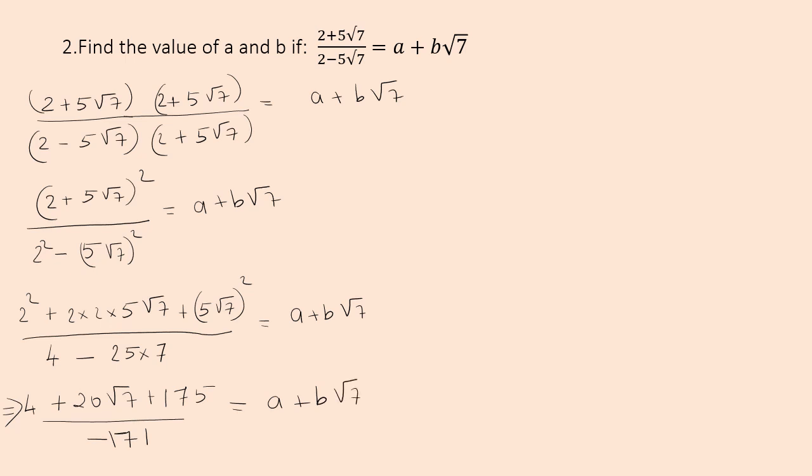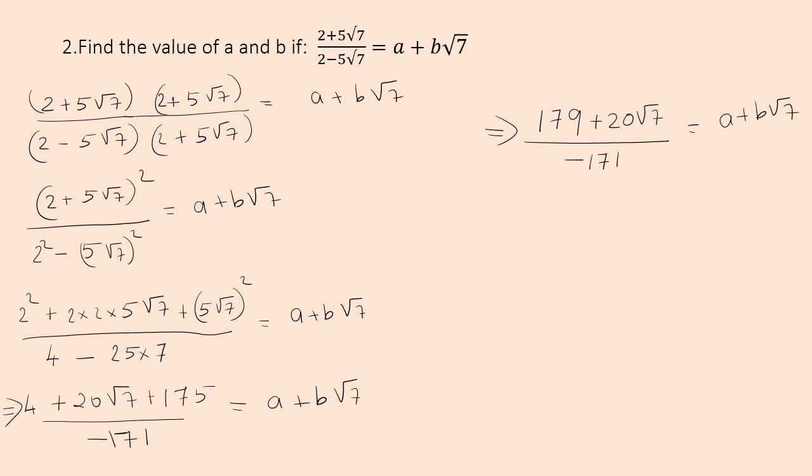Now again 4 plus 175, that is 179, plus 20 root 7 upon minus 171 equal to a plus b root 7.